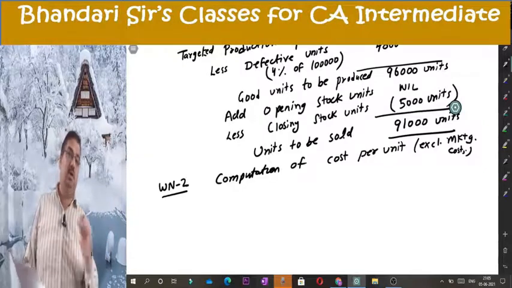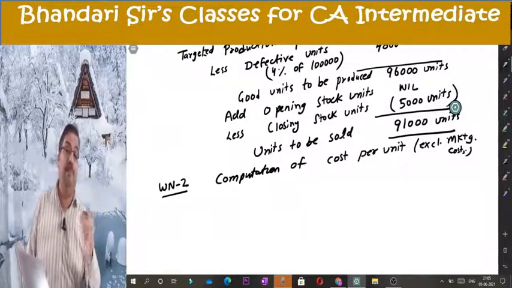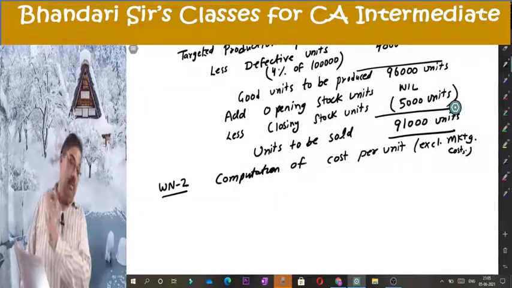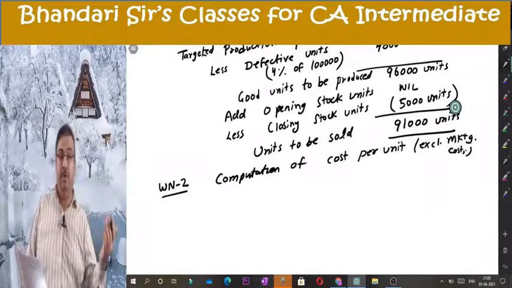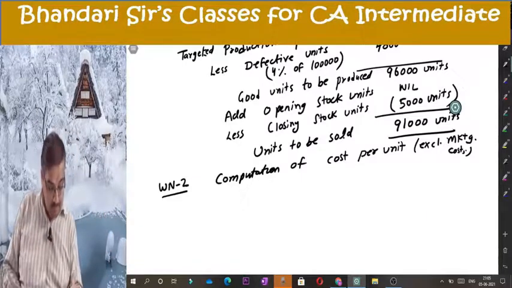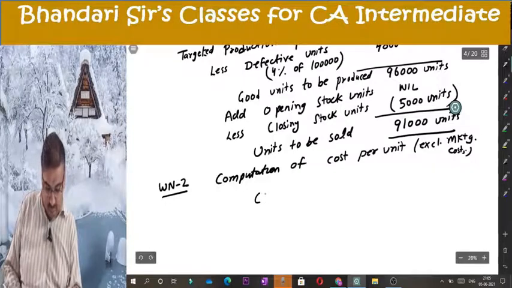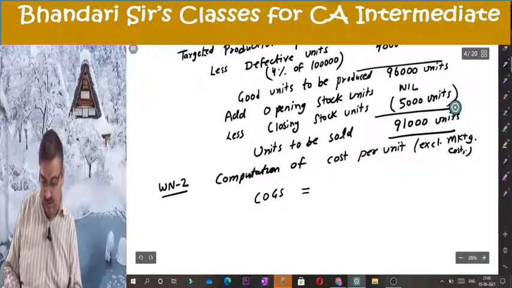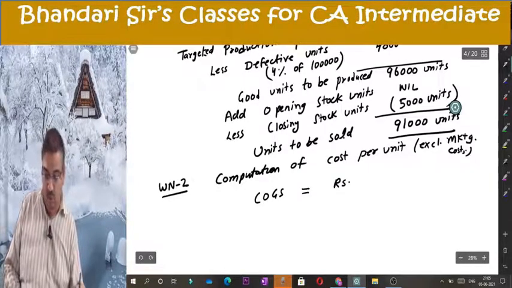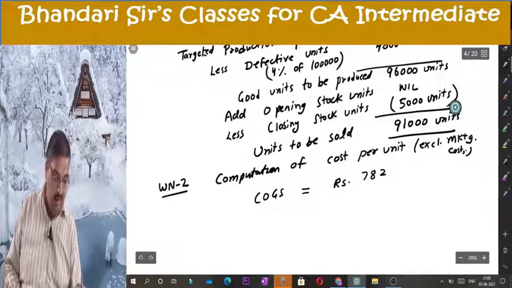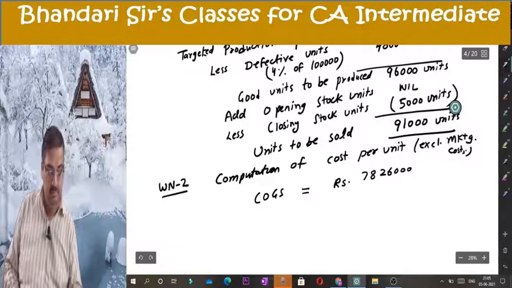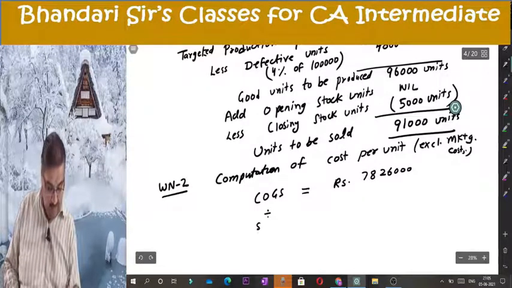So it is cost of production per unit I am going to get, multiply with production units, I will get cost of production. Let us compute. It is given COGS is equal to rupees 78,26,000 divided by sold units.